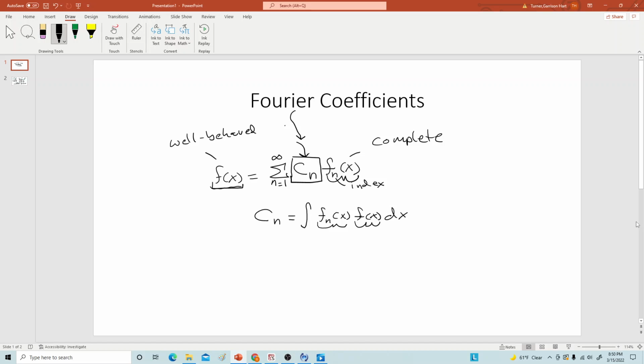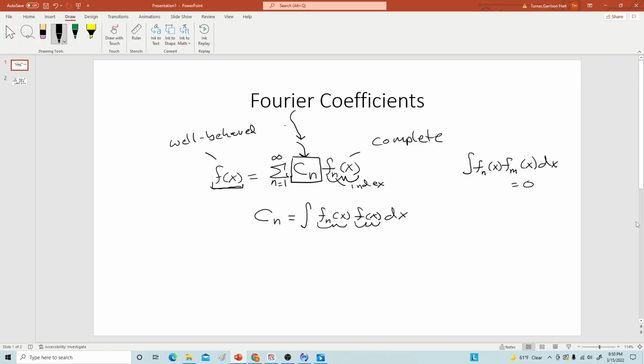This result rests on the idea that when you have the integral of two different functions in your complete set, and you integrate over both of those, your result is 0.